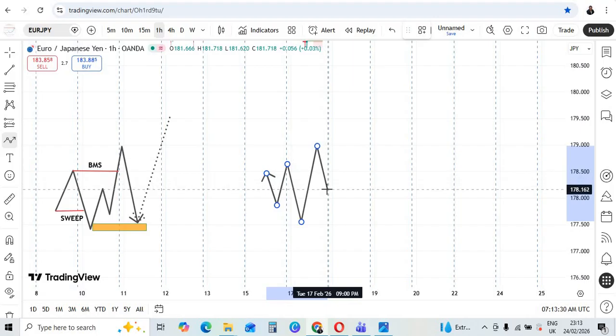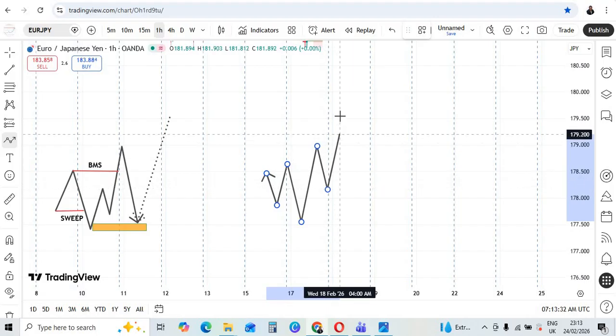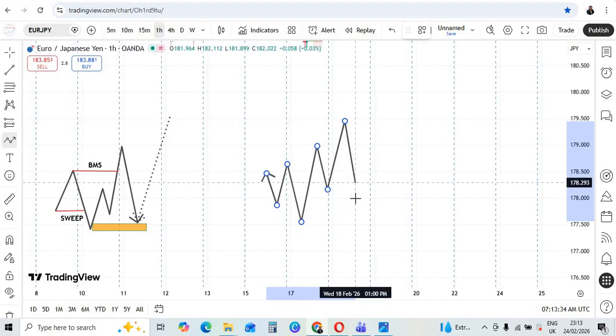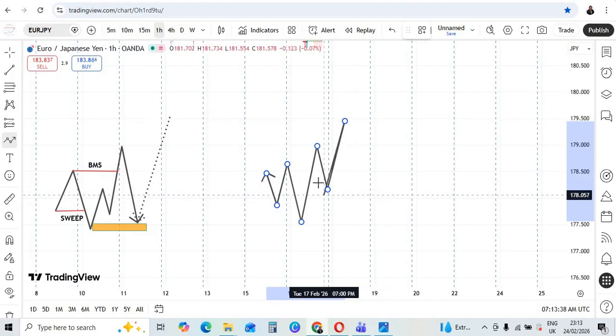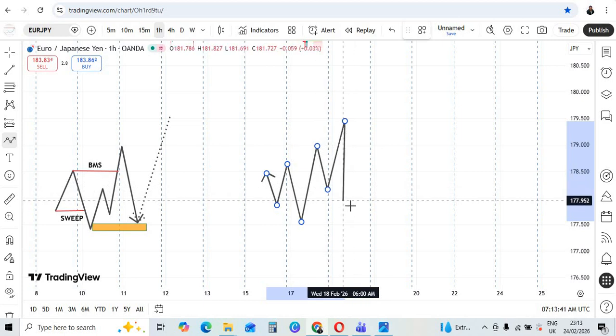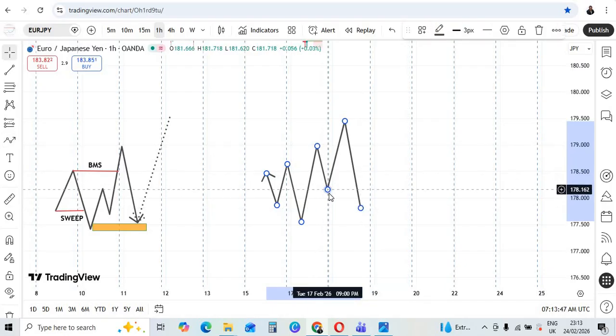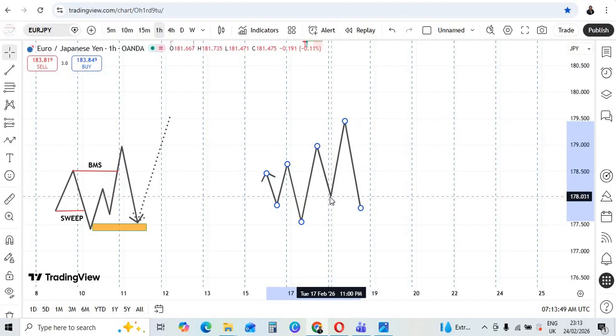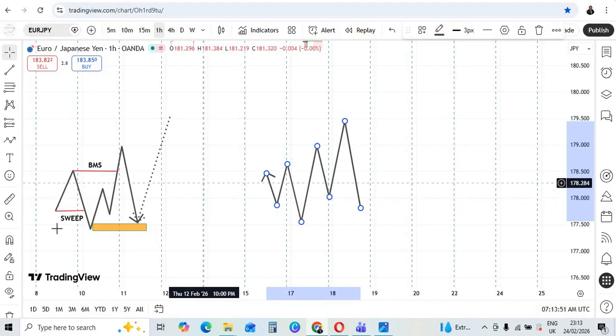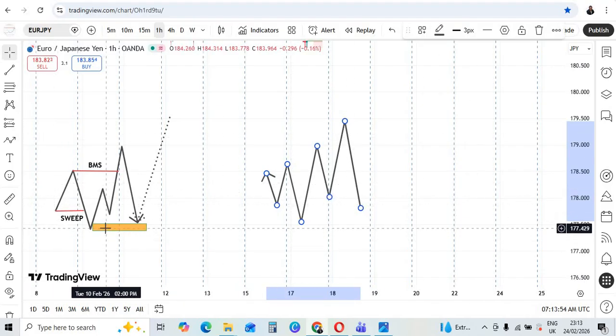Then a pullback, another break. Then we expect price to come back to take this liquidity, check out this liquidity, before we have price moving to the upside. So we have something like this.